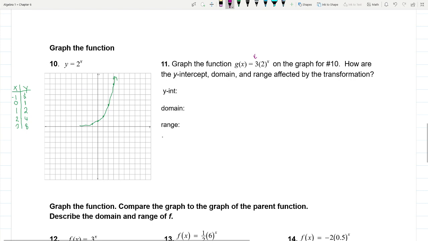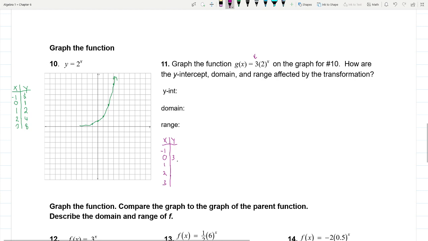So I'm going to make an xy table, and I'm going to do this one in purple. I'm going to use the same numbers, 0, 1, 2, 3, and negative 1. If I use 0, I go 3 times 2 raised to the 0, and anything to the 0 is 1, so it's 3 times 1, so this is 3.